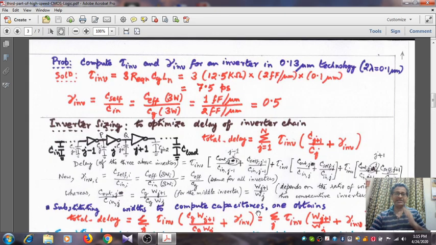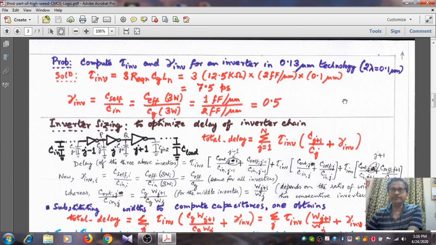Now, let us compute the time constant of the inverter and the gamma of the inverter for an inverter in 130 nanometer technology. Remember, for the 130 nanometer process, 2 lambda is the width and the length of the minimum sized transistor, the gate length and the gate width.